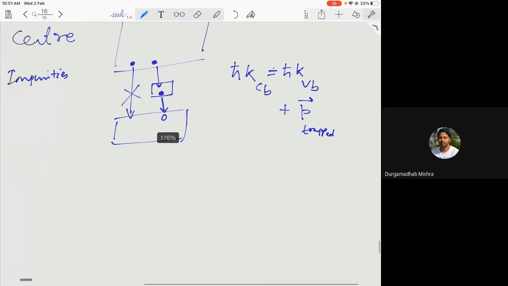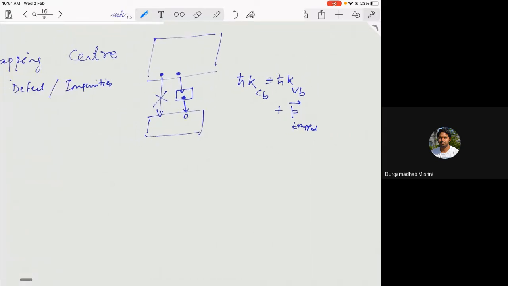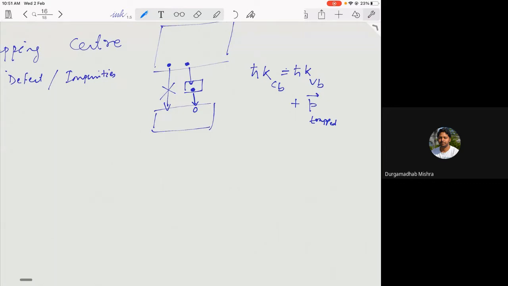Many times it happens due to defects or impurities. Now there is also energy that will be released, which is not in terms of a photon or light, rather the energy will be much lower in that case. Looking at the energy, the energy in the conduction band equals the energy in the valence band plus some energy, let's say omega, and this energy omega is released as lattice or atomic vibration.